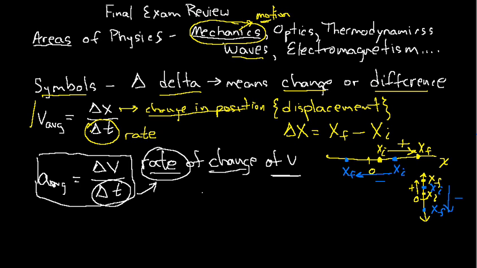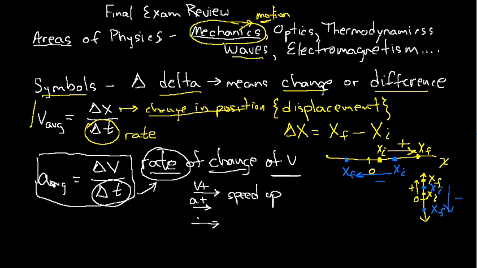We know that well, let's review. If our velocity was changing in this direction, in other words, this is V, V is in the positive direction, and our acceleration is also in that direction, because acceleration and velocity are both vector quantities. They have magnitude and direction. So in this case, we'd have something that would be speeding up.